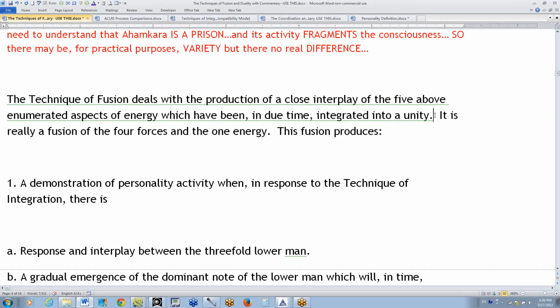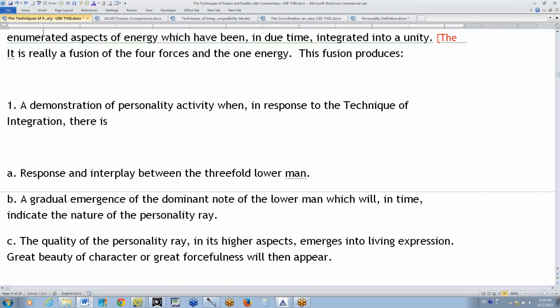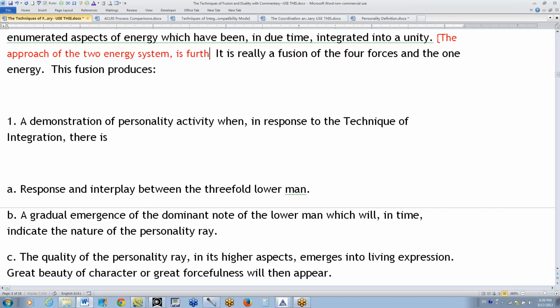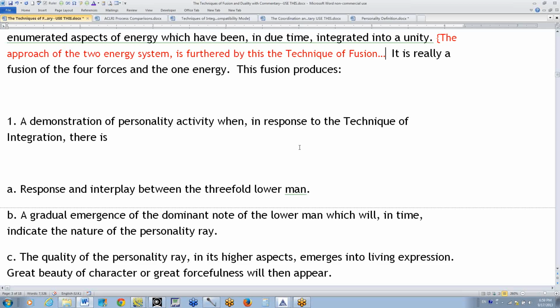So let's just say the approach of the two energy systems is furthered by the technique of fusion. Now, as I say, it seems in a way quite furthered even in the technique of integration.